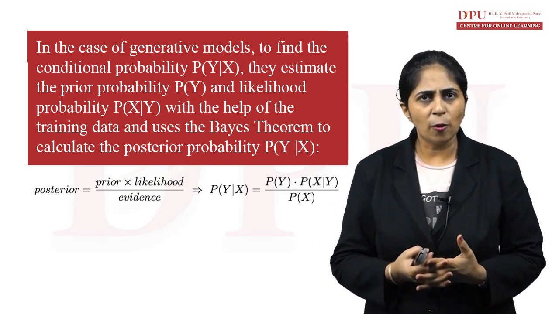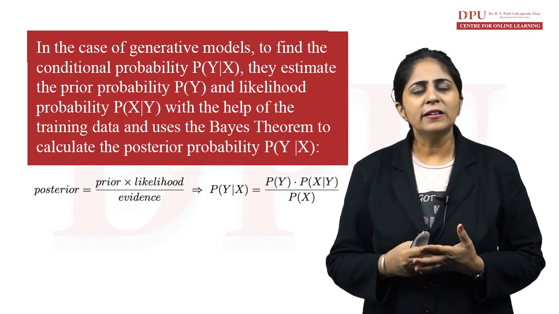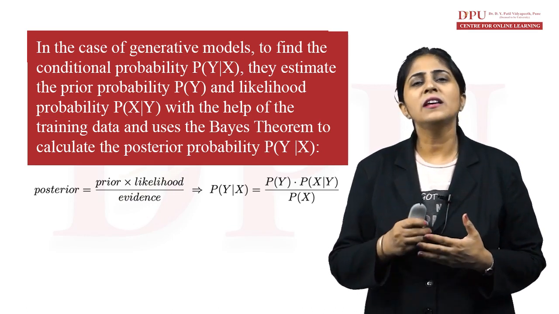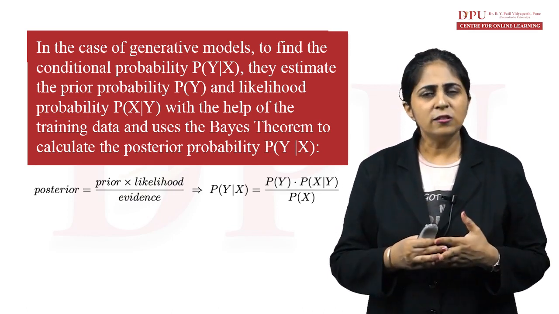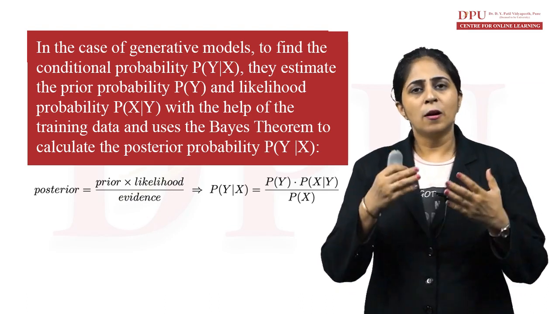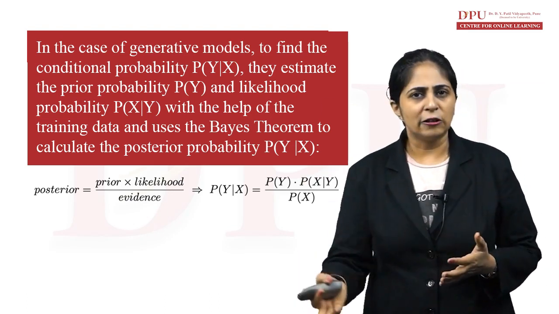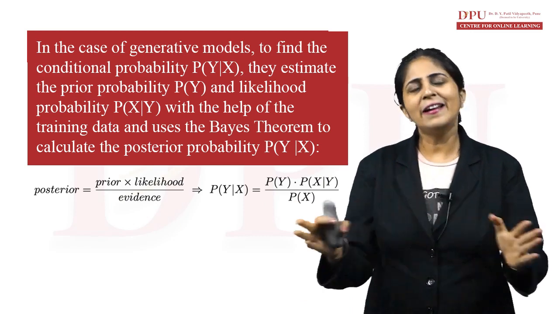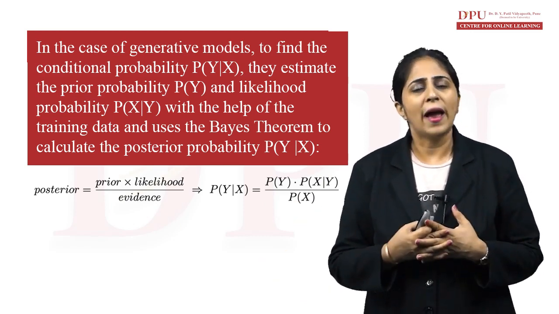How will that posterior probability be calculated? It will be calculated using Bayes' theorem, which is the product of the prior probability and the likelihood probability, divided by the evidence that we have.